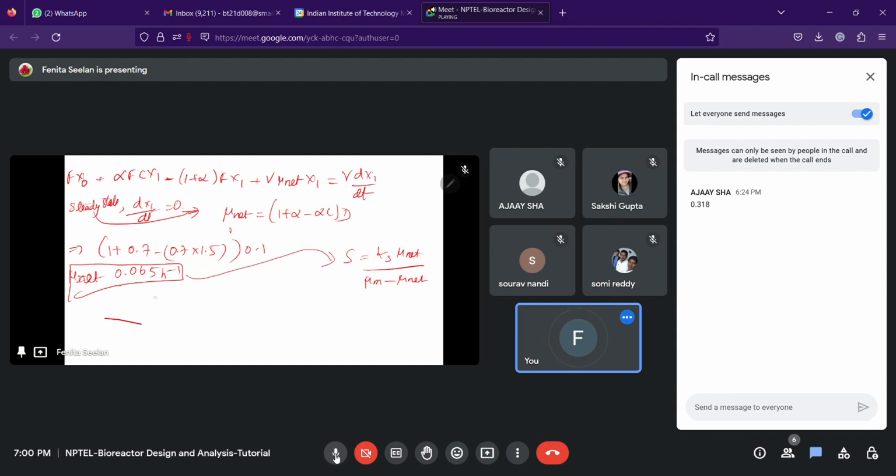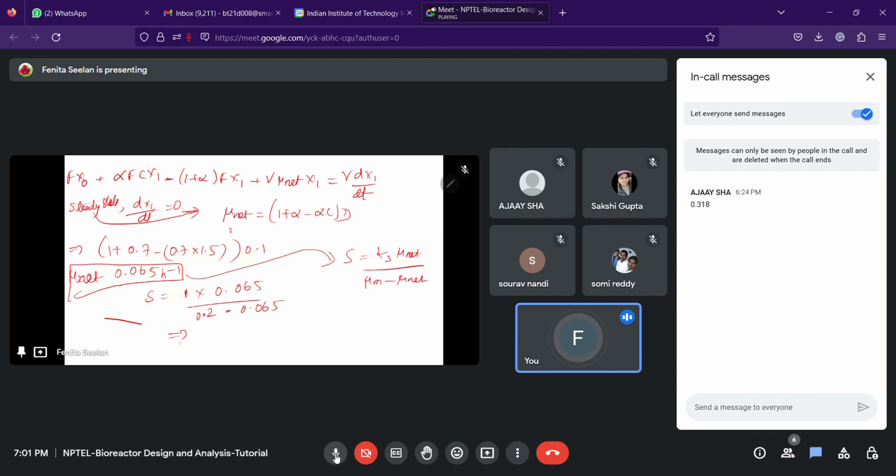That would be S is equal to Ks, which is 1, right? So mu net divided by 0.2, which is your mu max, 0.065.